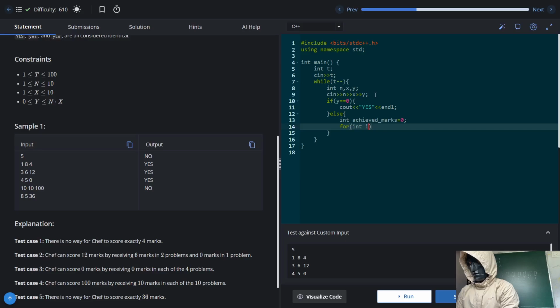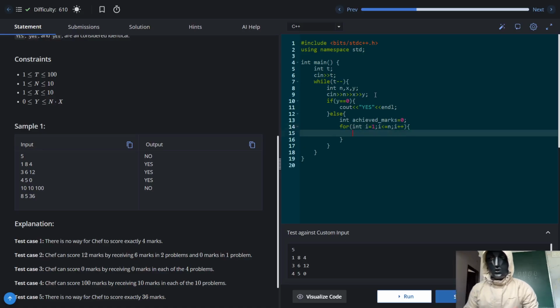We will iterate through a loop over all the n problems, like we have n problems. So I'll be iterating from 1 to n, and every time this achieved marks will be increased by x, so he'll get full marks. We're trying to add the x marks, like he solved that problem, basically.